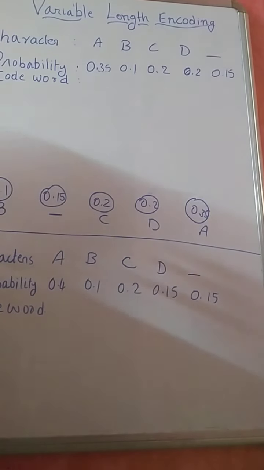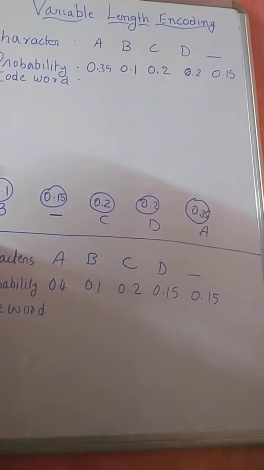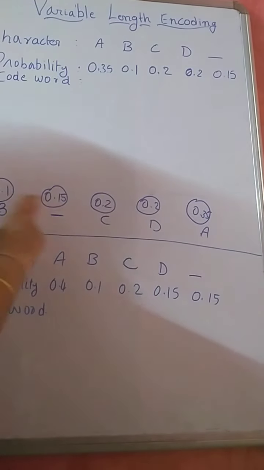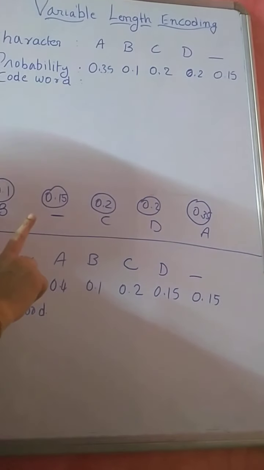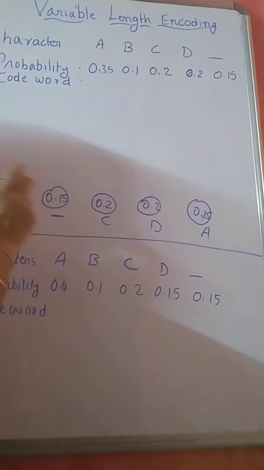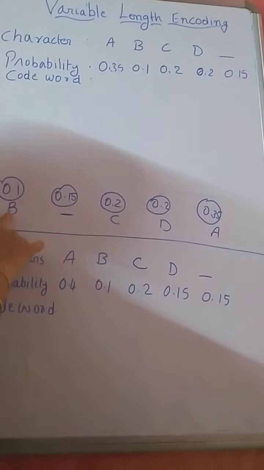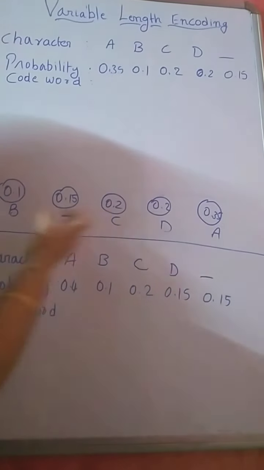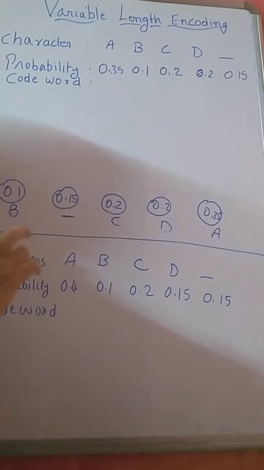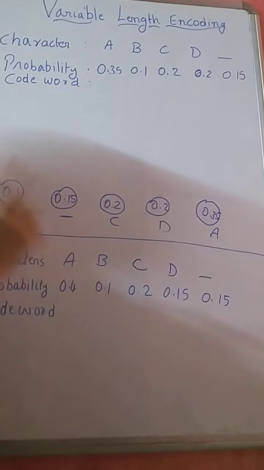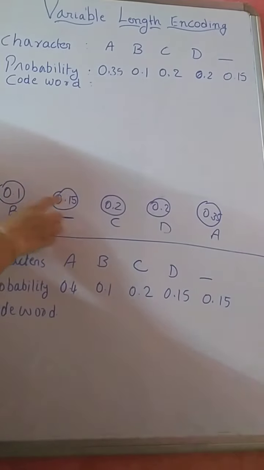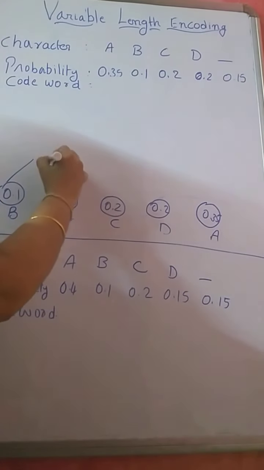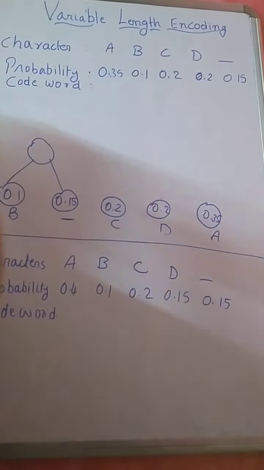Once I start with the leaf node for each character, you consider the subtrees with the least probability. This is one subtree, this is one subtree. Initially all these are trees with a single node, correct? So consider the subtrees with the least cost, which are 0.1 and 0.15. Join them to form a single tree.